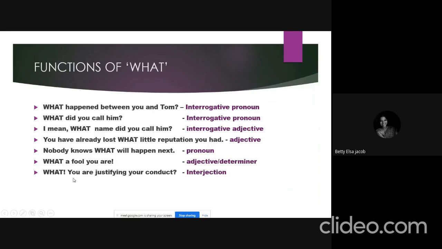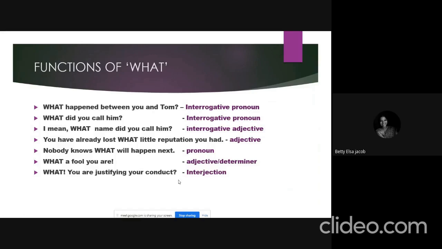Next one. What? You're justifying your conduct? Now, here, you're justifying your conduct is a question. But what is not part of the question? What is an interjection. It shows the emotion, it shows a surprise from the part of the speaker.